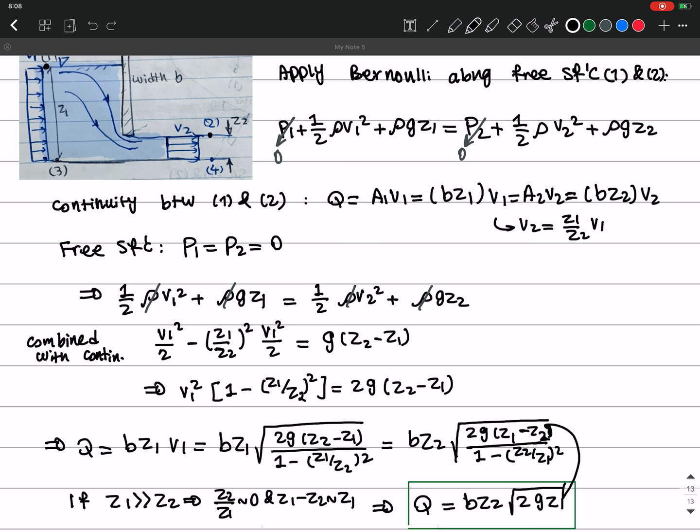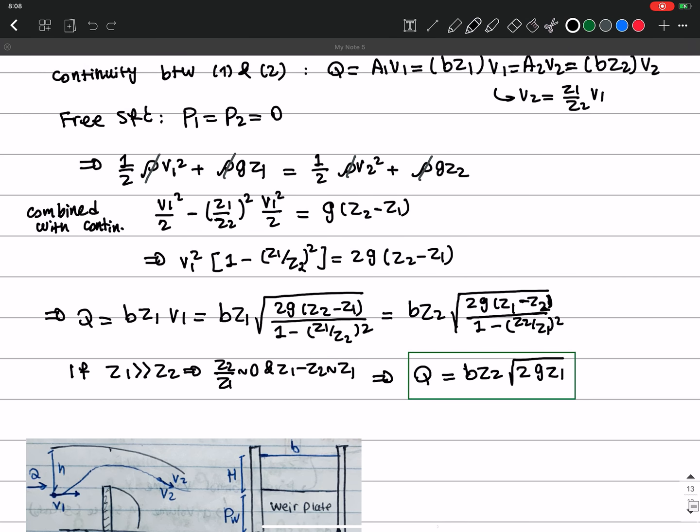This one is just Z1 minus Z2, and this one I assume is about 0 because of this, and so the denominator is going to be about 1.